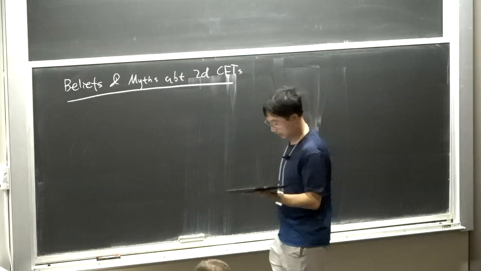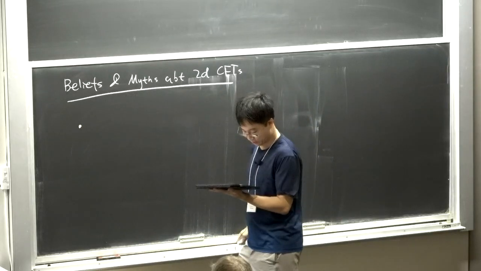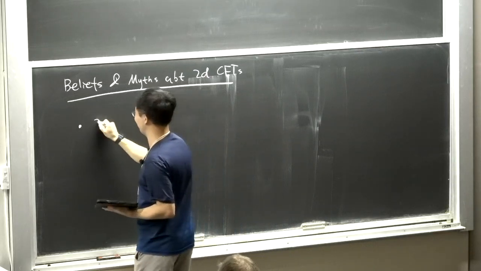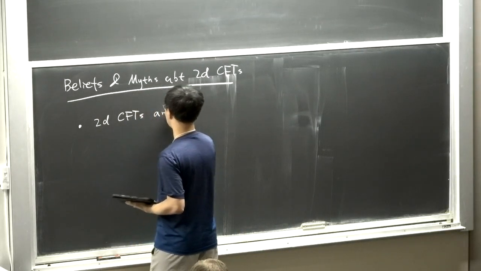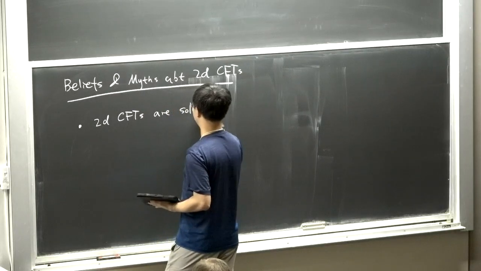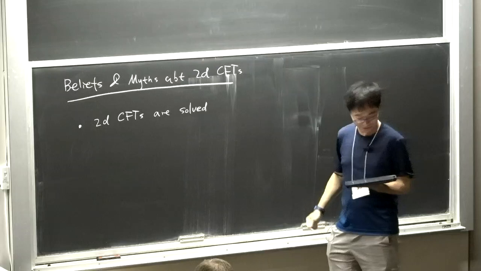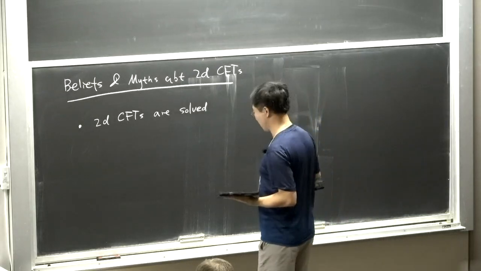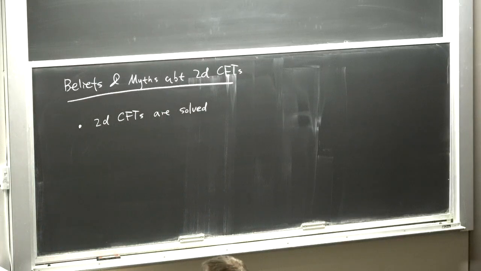The first common belief or common myth is that 2D CFTs are solved. They're essentially solvable, and it has been solved. This is clearly false. Otherwise, I wouldn't be giving this lecture. It's something you can just read from the textbook.